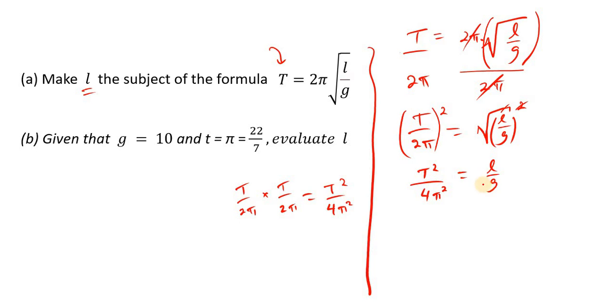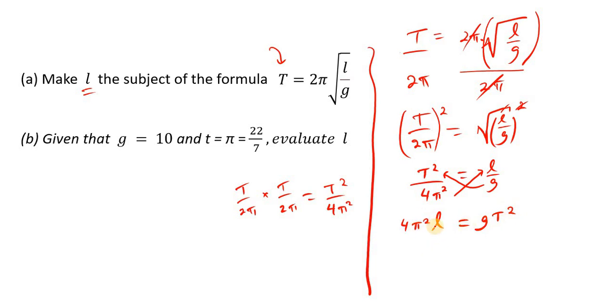But you might not be able to compute that in your mind right now, so let's do it the longer way. Let's consider the fact that we have two fractions equal, and we can cross multiply. Since what I want to find is L, I'm going to go with L first. So L times 4 pi squared is 4 pi squared L, equals G times T squared, which is G T squared.